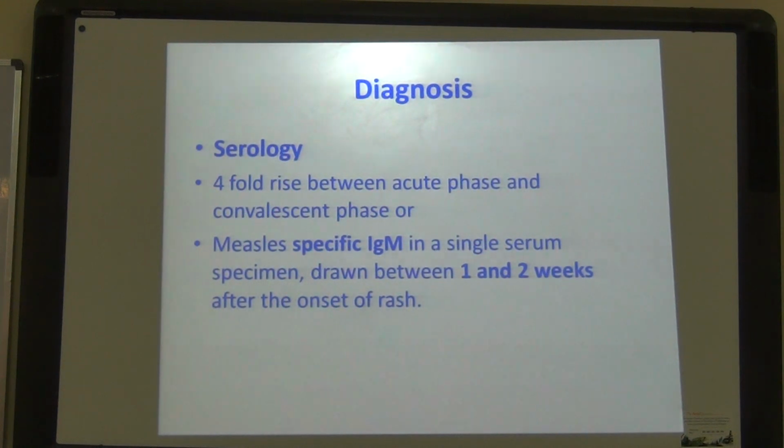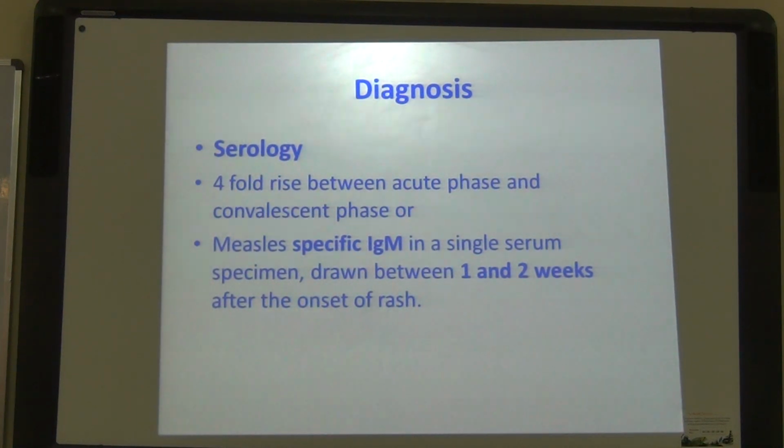For serology, as I told you, for antibody detection, a 4-fold rise between the acute phase and convalescent phase is important. Measles-specific IgM in a single serum is also important.